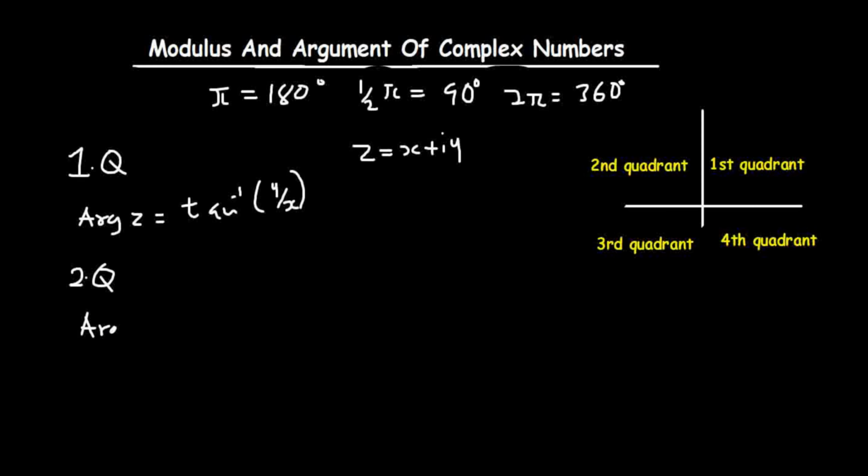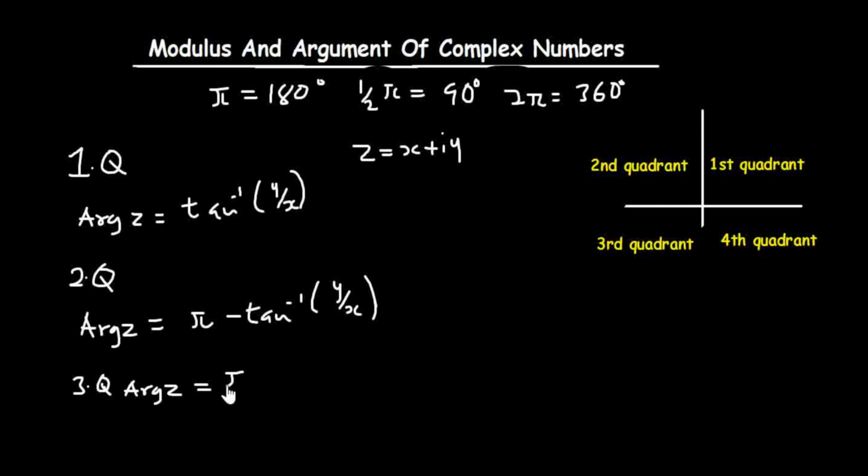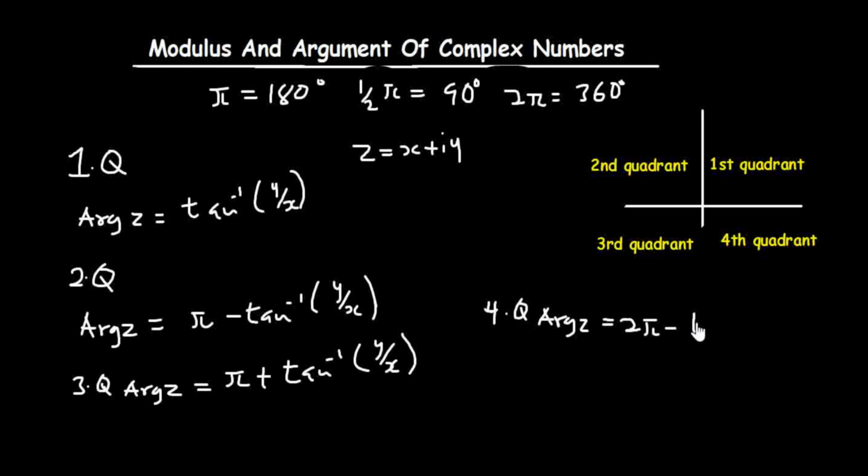So the argument of z will be equal to pi minus the tan inverse of y over x.